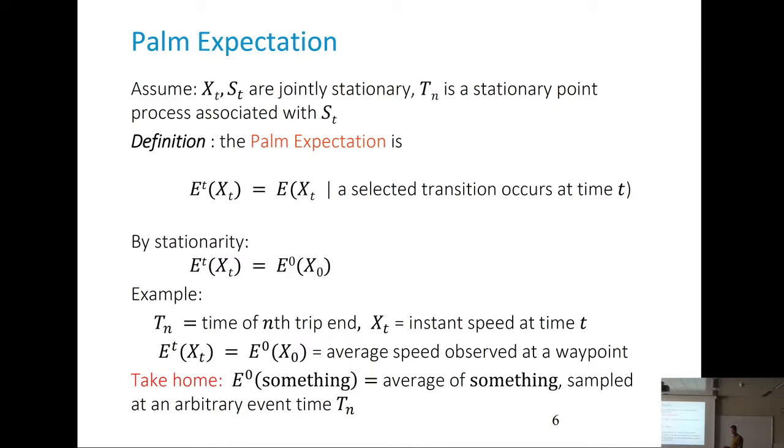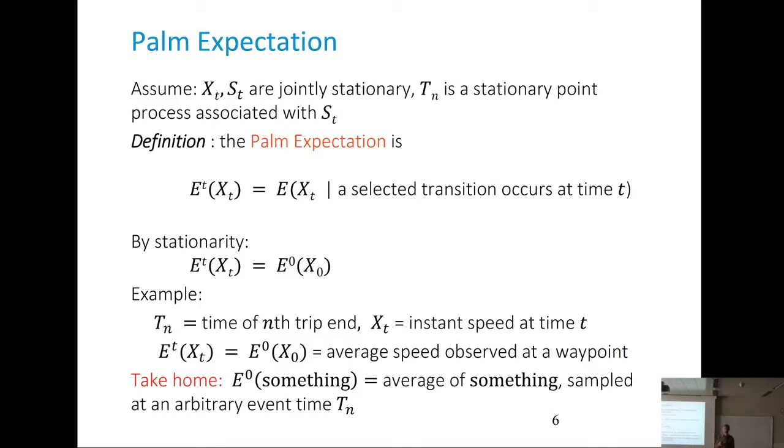The expectation of x given A is the expectation of x times the indicator function of A divided by the probability of the event A occurring. Now, for most realistic models, for example a Poisson process, the probability that there is an arrival exactly at time t is 0, because we're in continuous time.